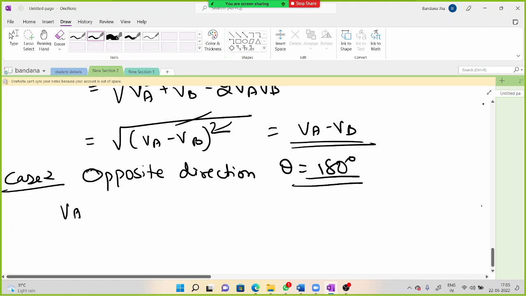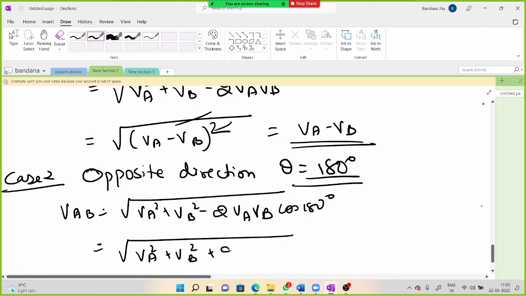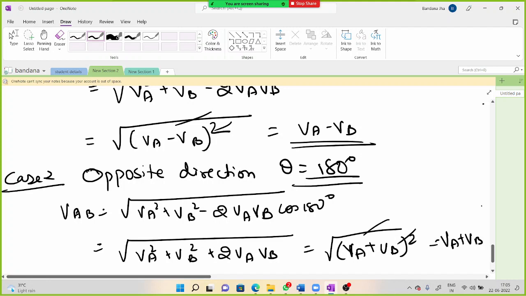So this will be VAB is equal to root over VA square plus VB square minus 2VAVB cos 180 degree. Cos 180 degree is minus 1. So this will become VA square plus VB square plus 2VAVB. This is equal to root over VA plus VB whole square. The square and root get cancelled. VA plus VB. Understood now?